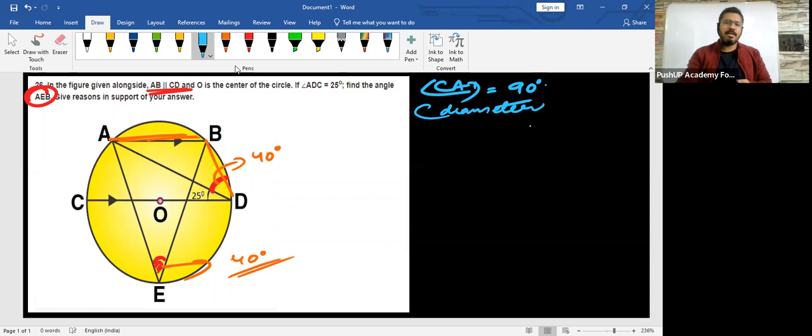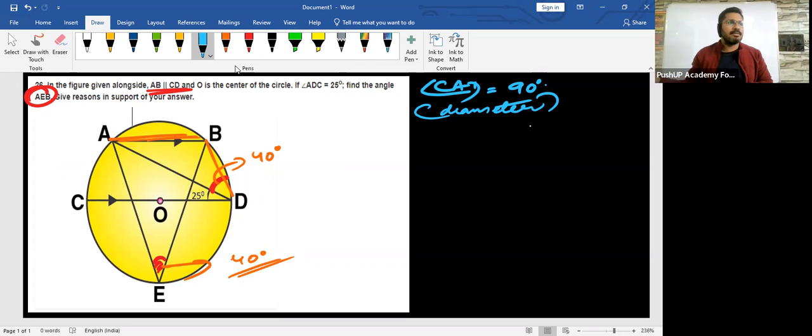CD being the diameter. Just mention CD being the diameter. Otherwise, you can mention angle subtended by the diameter on the circumference is 90 degrees. Even if you mention CD is the diameter, they will accept it. You know the diameter subtends 90 degrees on the circumference. That is why you took angle CAD as 90 degrees, isn't it?